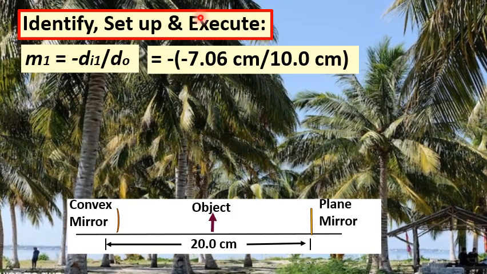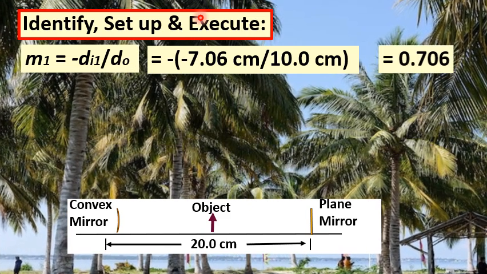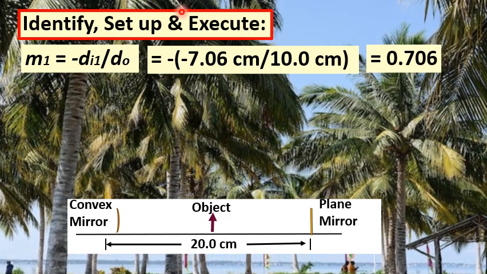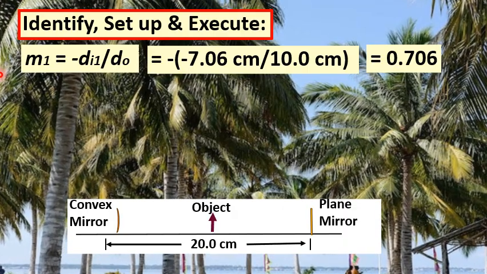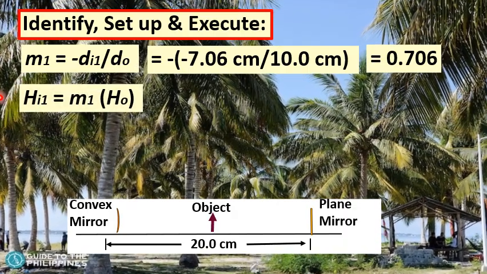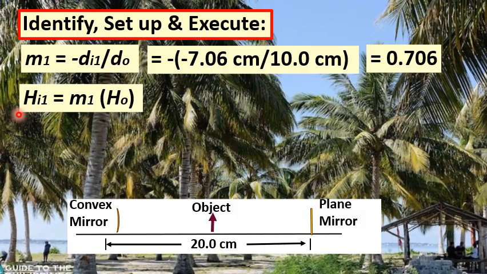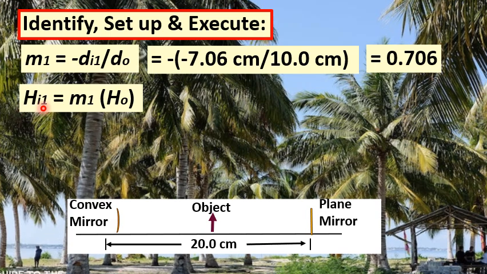So the lateral magnification of the first image equals 0.706, right?